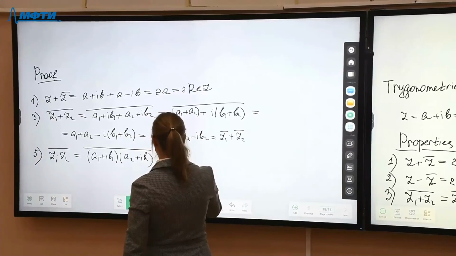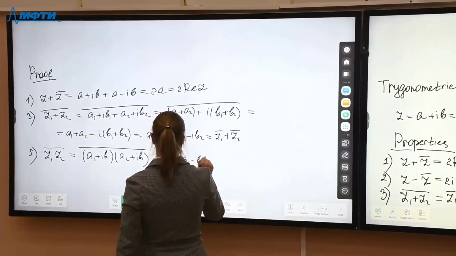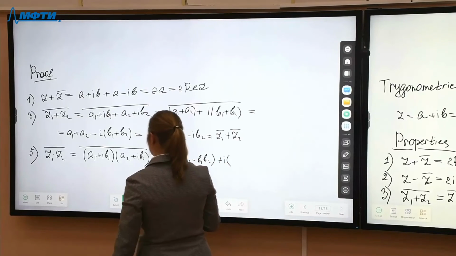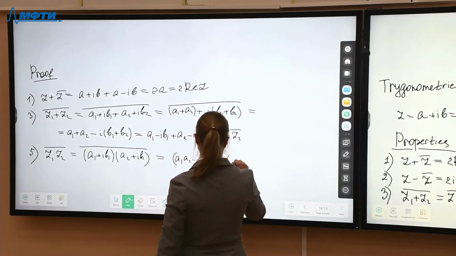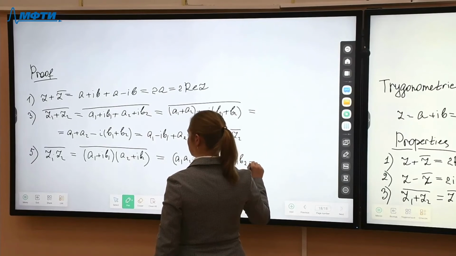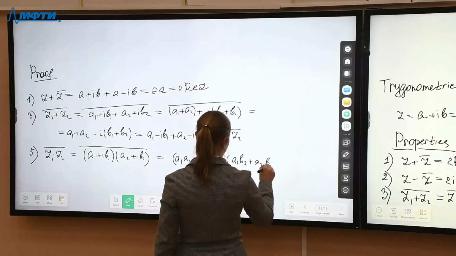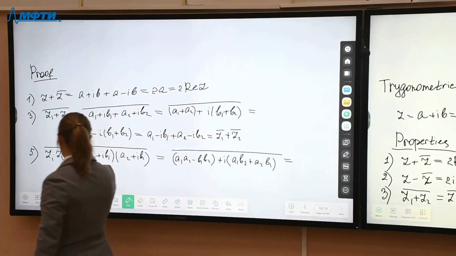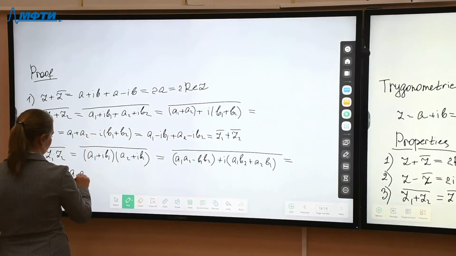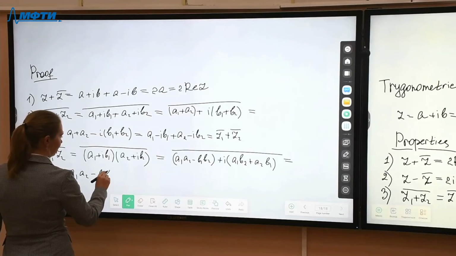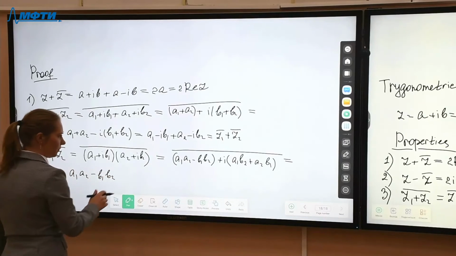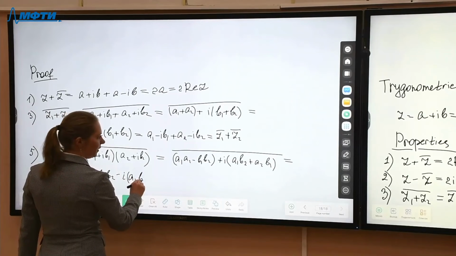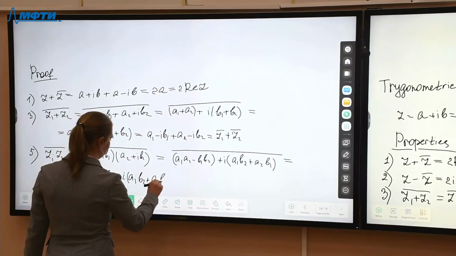This is a1 a2 minus b1 b2, plus i times a1 b2 plus a2 b1, conjugate, and it will be a1 a2 minus b1 b2 minus i times a1 b2 plus a2 b1.